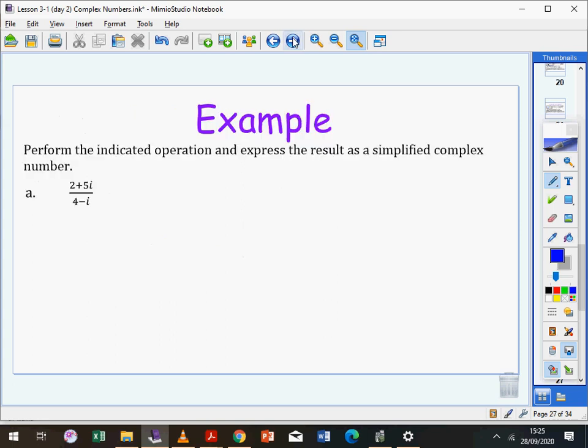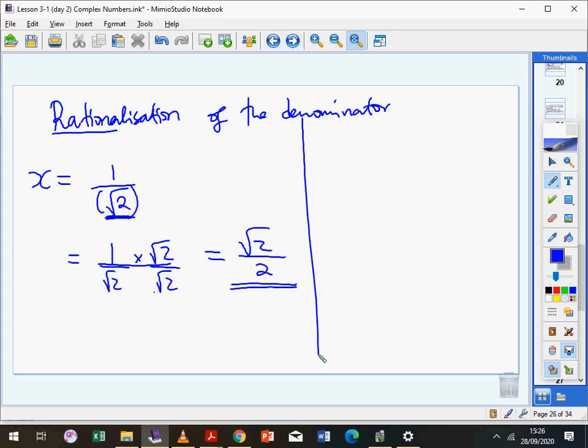Now we have a complex number that has an imaginary part, or a complex part, in the denominator. And by the way, I hope you remember that if this was, say, 2 minus root 2 divided by 3 plus root 5, then you could still rationalize by multiplying this by its conjugate, which is 3 minus root 5.